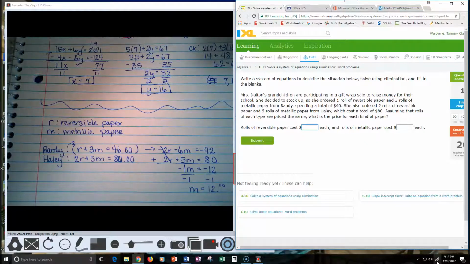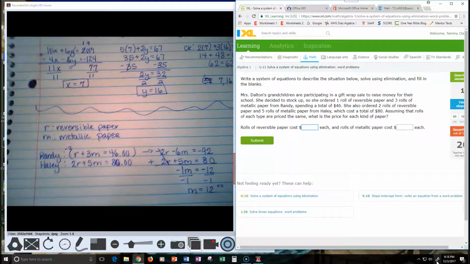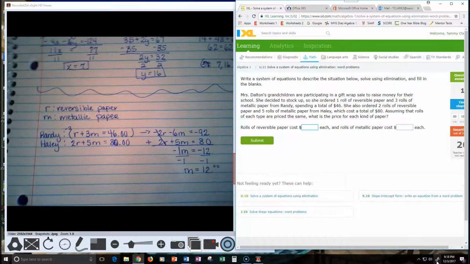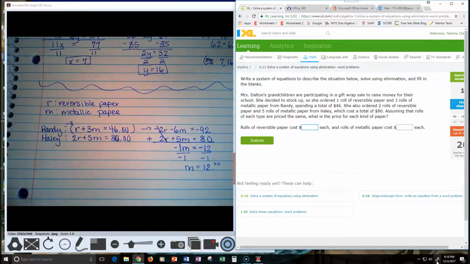Now we need to find out how much the reversible paper is. So I'm going to take the cost of my metallic paper, select one of the equations, and substitute inside of that equation. So I'm going to use the second equation.